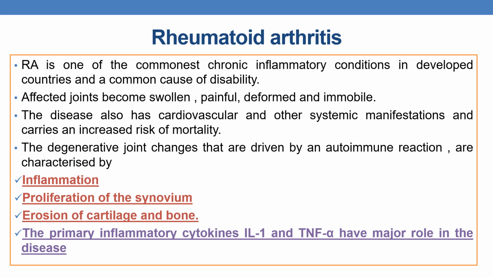The degenerative joint changes that are driven by autoimmune reactions are characterized by inflammation, proliferation of synovium, and erosion of cartilage and bone. These are the characteristics. The primary inflammatory cytokines IL-1 and TNF-alpha have a major role in the disease.